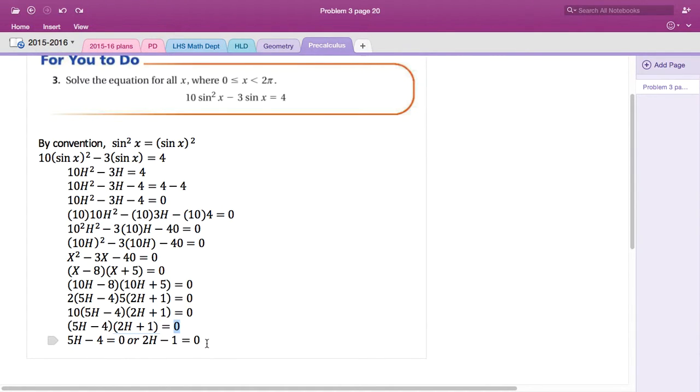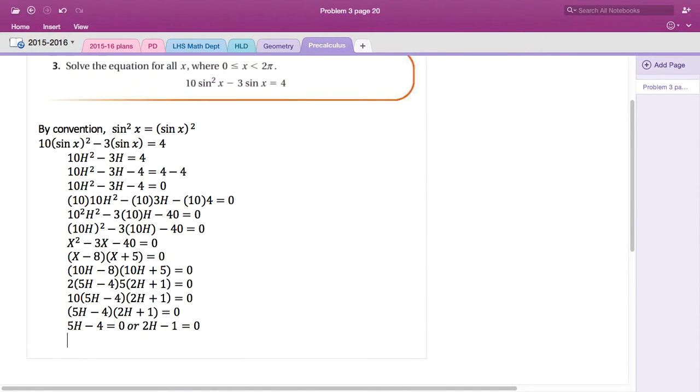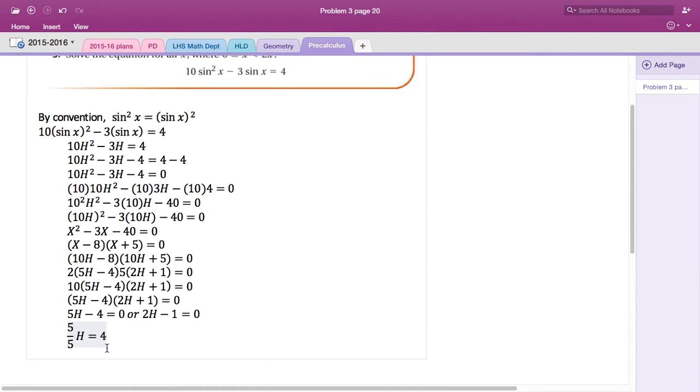So if we solve this, 5h minus 4 equals 0. Let's add 4 to both sides. This will be 0, and this will be 4. Let's divide this by 5. So this is 1.